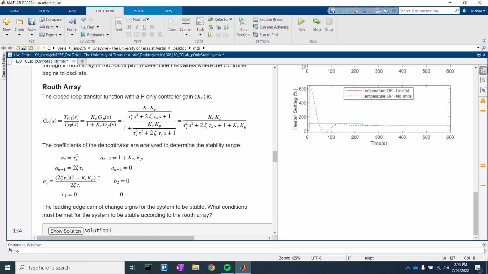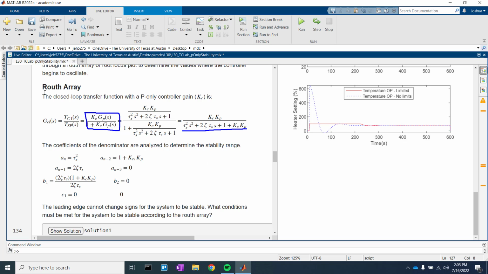Let's discuss Routh arrays really quickly. We're going to analyze the denominator. If we take our gain, as we talked about before, in the form right here, and substitute in the gains in the numerator, and then distribute this denominator within the denominator, we're left with this form.